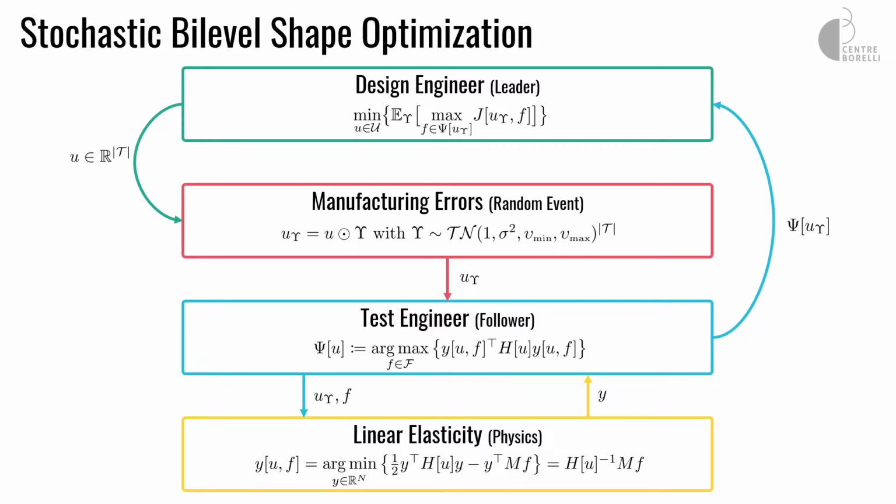It's a solution. Sure. So when you said that psi of u is a set, it's only in very special cases, I guess. In general it's just one value, this is argmax. Okay, so no. Actually, this can become a set quite easily because, for example, as soon as your object is symmetric, let's say rotation symmetric, and my force follows this, and my material distribution is also symmetric, then there are always infinitely many solutions.